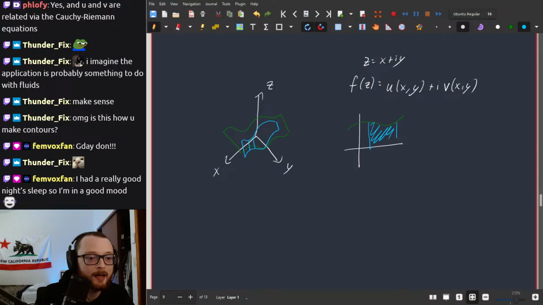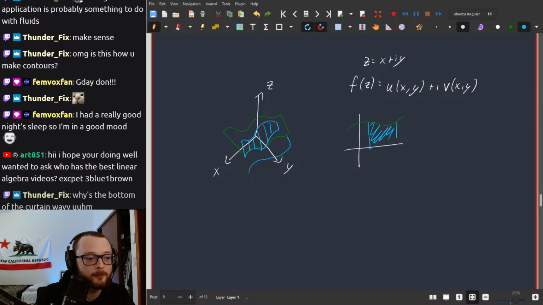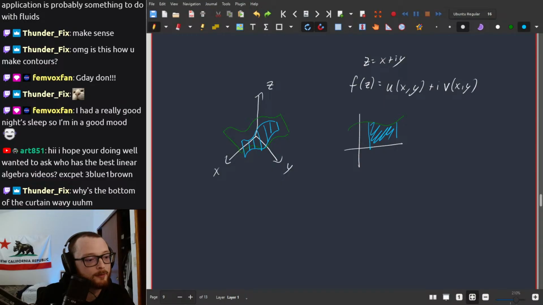I imagine it like a curtain almost, but the top of the curtain is all wavy, or even the curtain itself is all wavy. So you can basically define whatever type of path you want, like a circle or just some squiggly line, and you can get the area underneath the surface of your squiggly line.